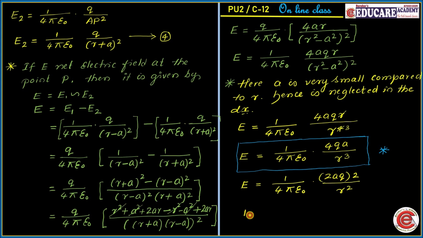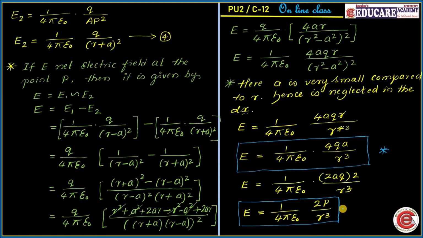Hence, if you want to consider the net electric field along with the dipole moment, then it will become 1 divided by 4 pi epsilon naught into 2p divided by r cube. This is the final equation related to the net electric field at a point on the axial line due to a dipole.